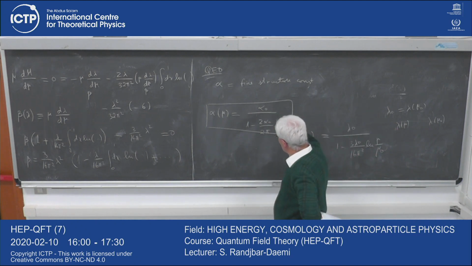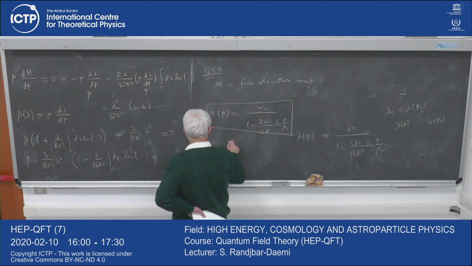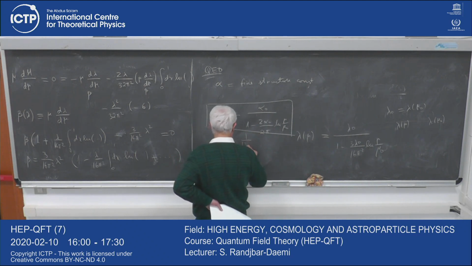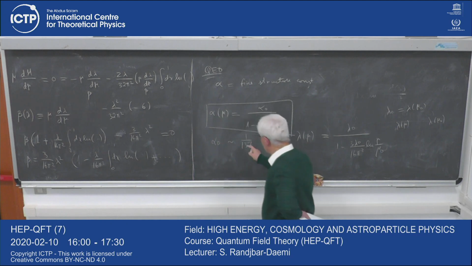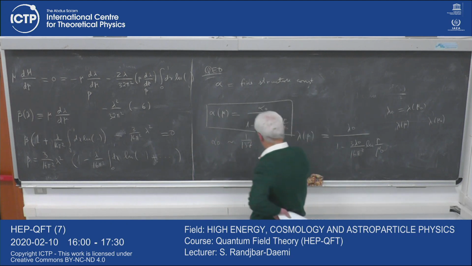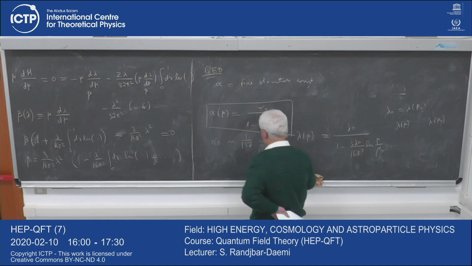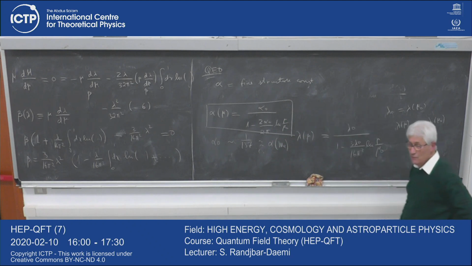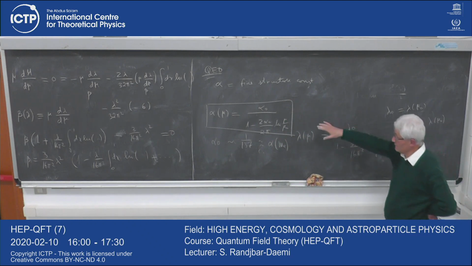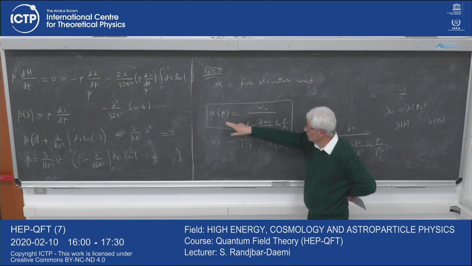This QED coupling: usually you hear that the fine structure constant is around 1 over 137. This value actually is the value of alpha evaluated at the electron mass. If you go to higher energies, this alpha will be large.